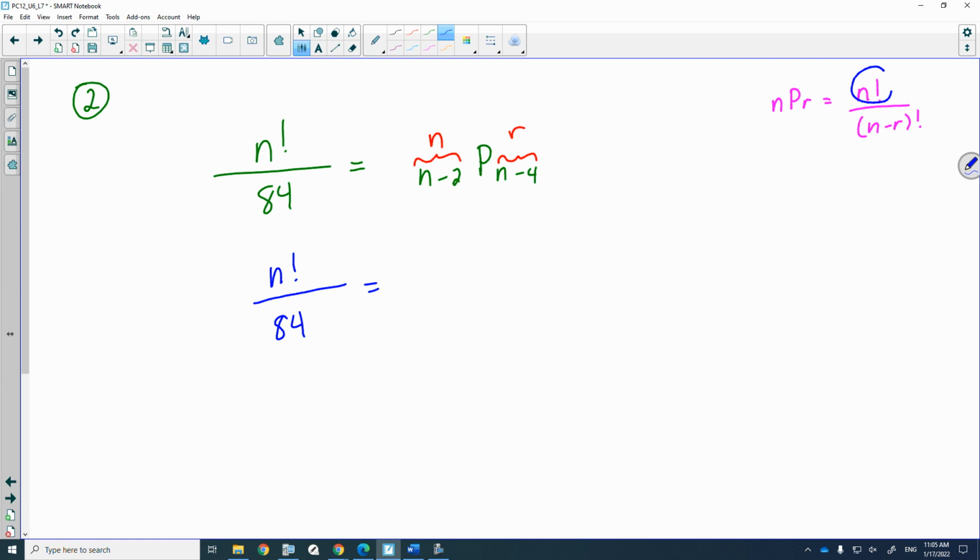So we're going to have n factorial, so it would be this factorial, all over n factorial minus r. So here's my n minus 2 factorial, minus, now we have to be careful, r is a binomial, so I need to put that in a bracket.